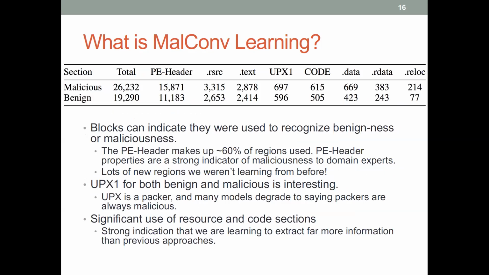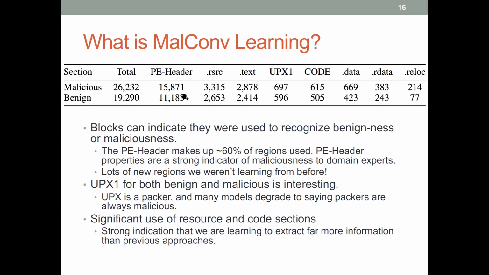So here's how they represent their findings. In an experiment with 26,000 malicious samples and 19,000 benign samples, you can see that the most important blocks for detecting malicious samples were found under the PE header.